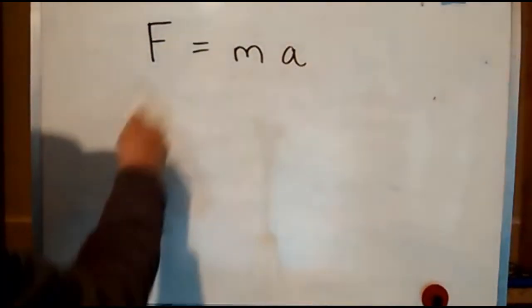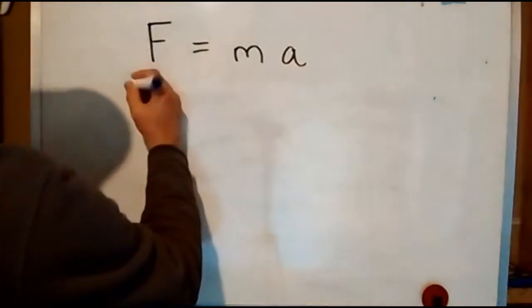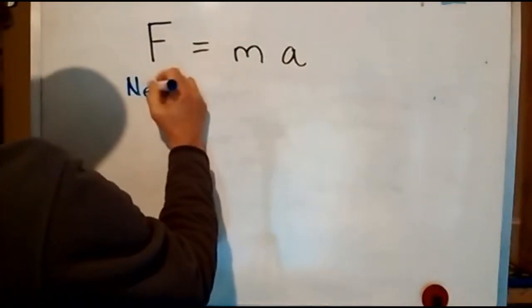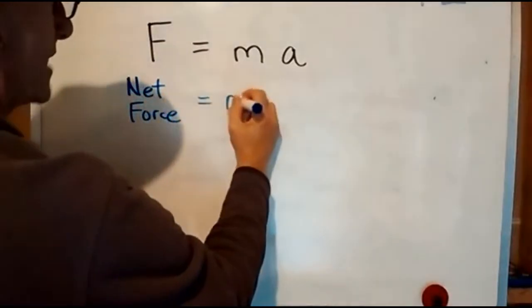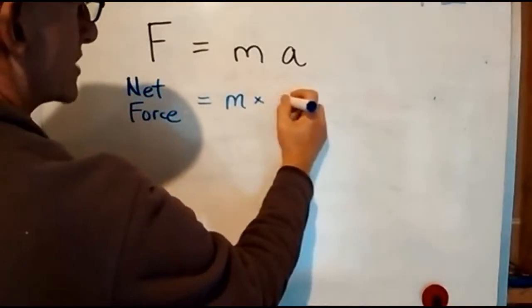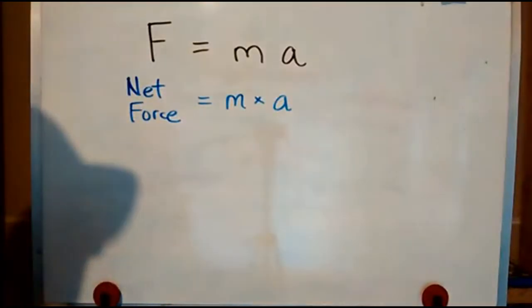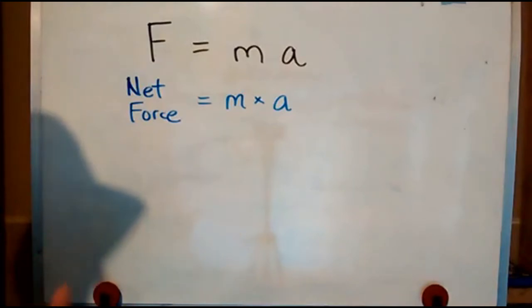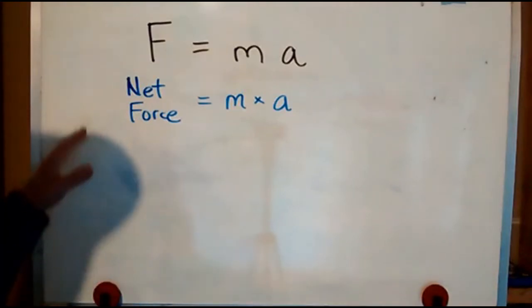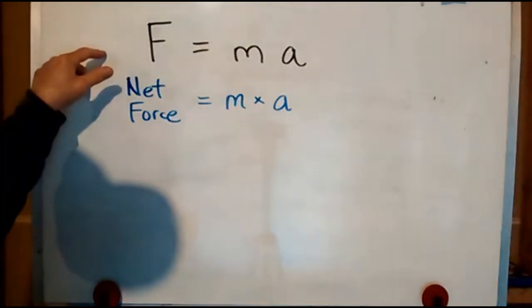This formula, as it's written right here, doesn't really tell the whole story. It really should be net force is equal to mass times acceleration. And net force is really a tug of war of forces. There will be a winning force and a losing force, just like in a tug of war. But in the case of Newton's second law, something will accelerate.